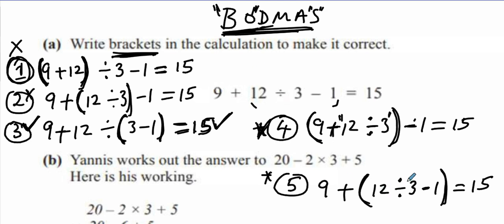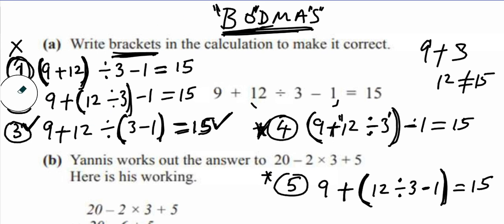So 12 divided by 3 is 4. 4 minus 1 is 3. So we are going to have 9 plus the answer we got inside the brackets, 3. Now 9 plus 3 is 12. 12 is not equal to 15. So the only possibility which gave us the answer is the third possibility.